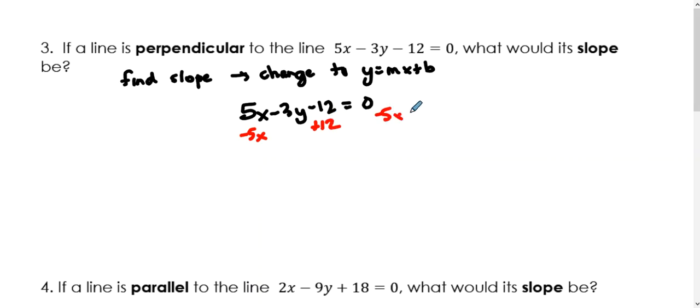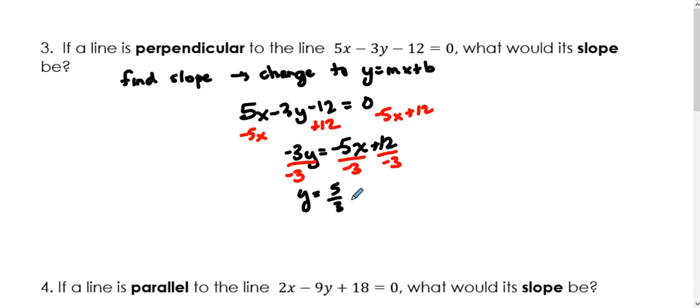So negative 3y equals negative 5x plus 12. I can divide negative 3 by everything. So I've got y equals 5 over 3x minus 4.